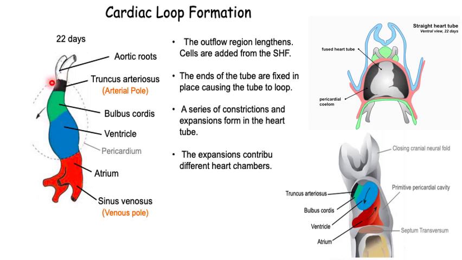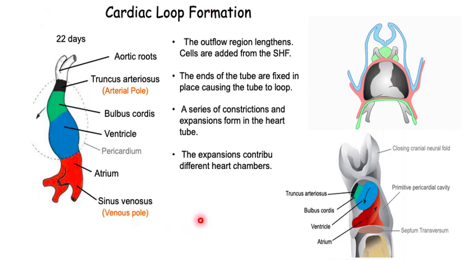And these expansions contribute to the different chambers of the heart. After the looping and bending, the outflow tract, the bulbus cordis, the primitive ventricle and the primitive atrium have to take their normal anatomical positions.